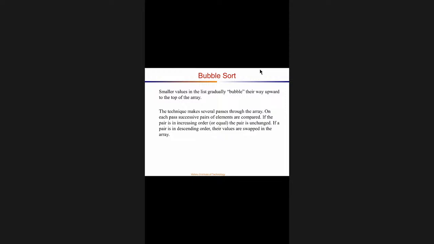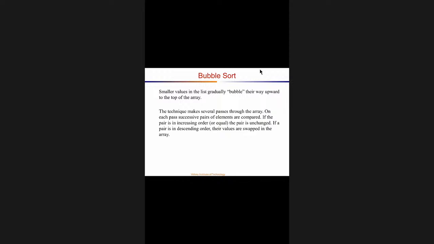Every time you select a pair of elements and check whether they are in ascending order. If they are, you leave them, then go for the next pair. You complete the process until you reach all the elements.